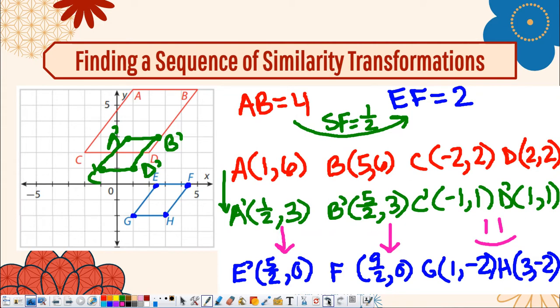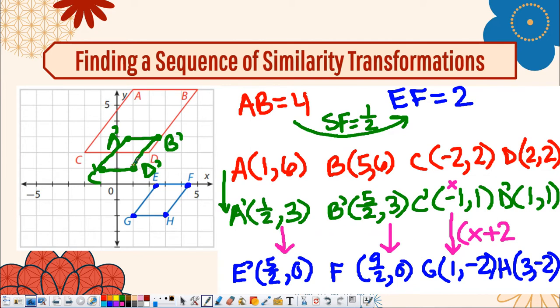Rational numbers are fractions. So how do you get from negative 1 to 1? You would have to take your x, which is negative 1, and subtract or add. The answer is add 2. So that is my guess right now. Not sure if that's right.